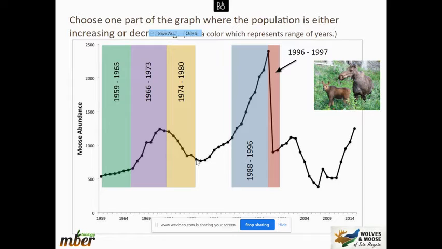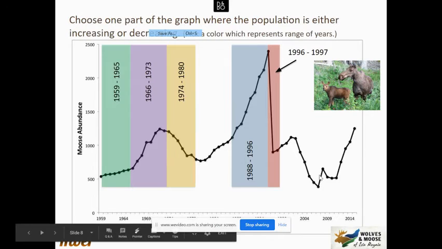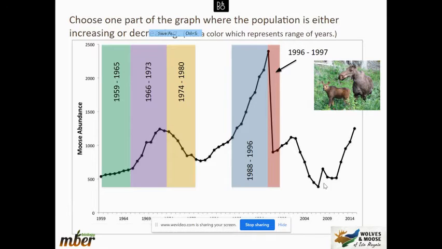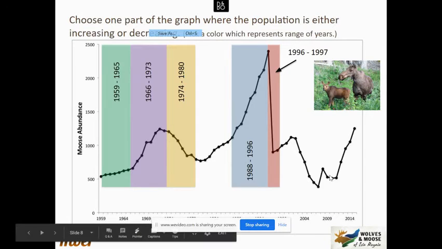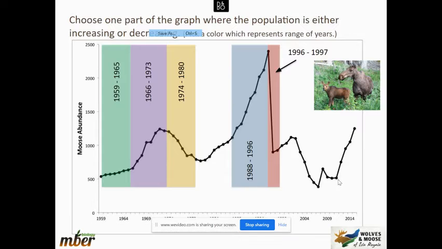I do want to take a look at a specific section. It is not explicitly stated, but it is something we need to talk about. So I'm going to pick this section right here. It's around 2009 to 2011, 2012, right here. Why would we get a flat line?